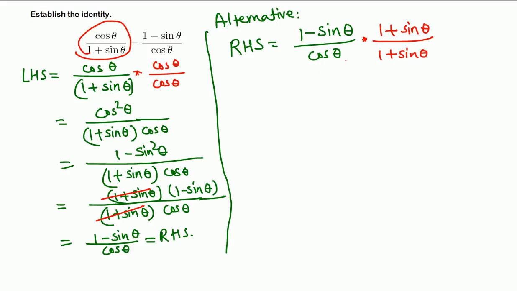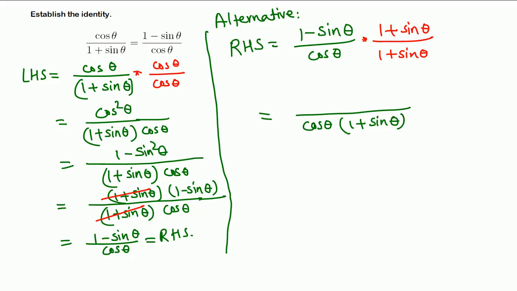Now we multiply the tops and bottoms. On the bottom we have to keep 1 plus sine theta. Looking at the left-hand side here, we don't want to distribute, so write both: cosine theta times quantity 1 plus sine theta.